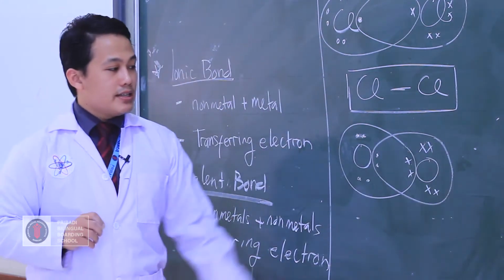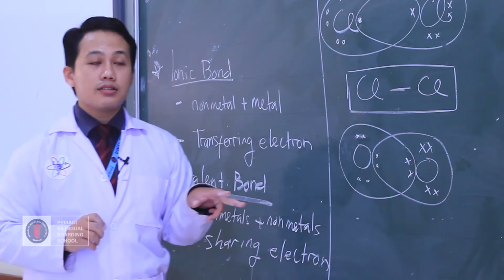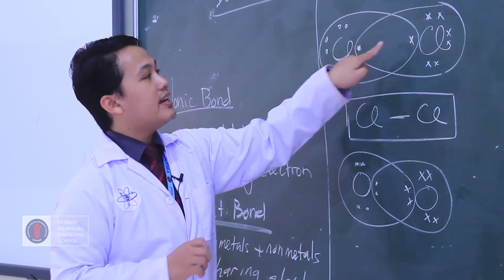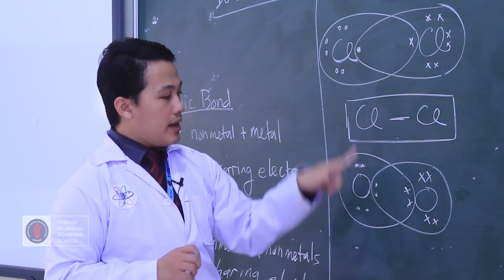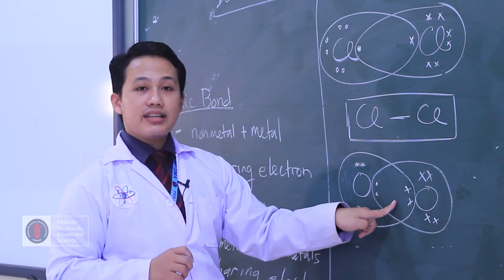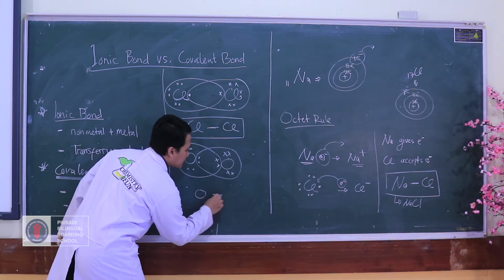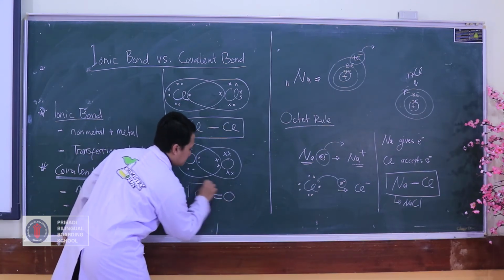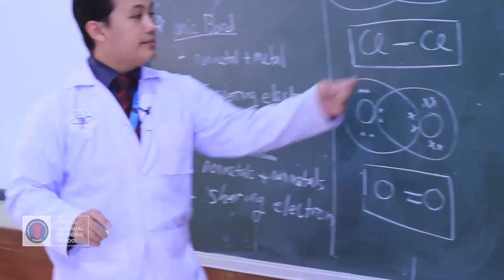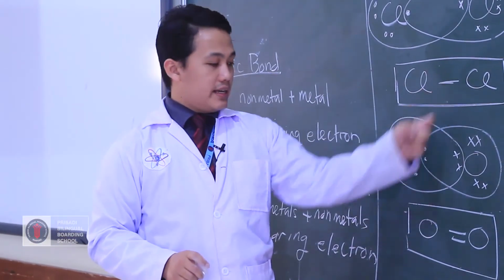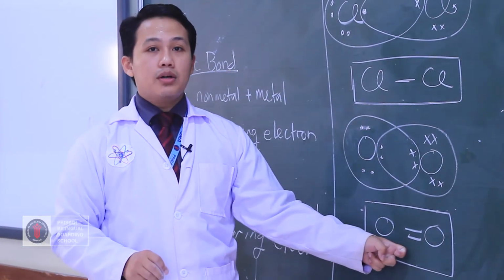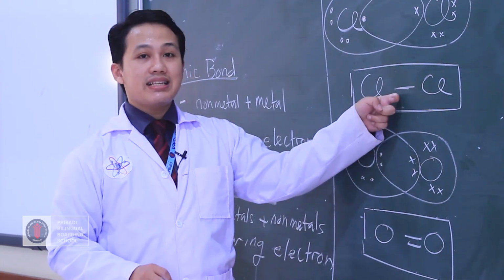As you can see here, it will obey the octet rule also. In here, they only share 1 pair of electrons, but in here, they share 2 pairs of electrons. So the bond that is going to be formed is going to be like this. So here, there is only 1 single bond. In here, there is a double bond between O. And this is between Cl.